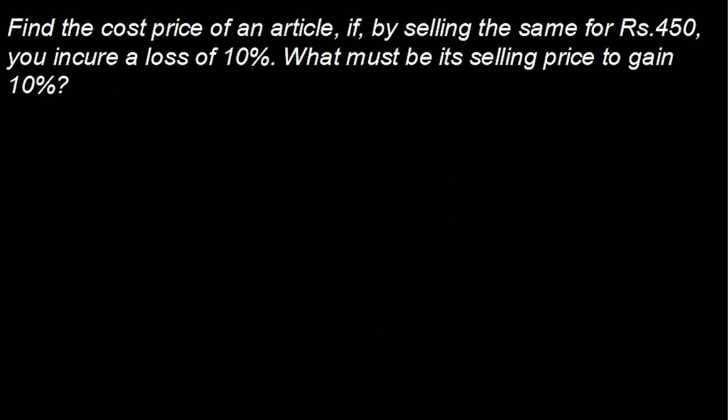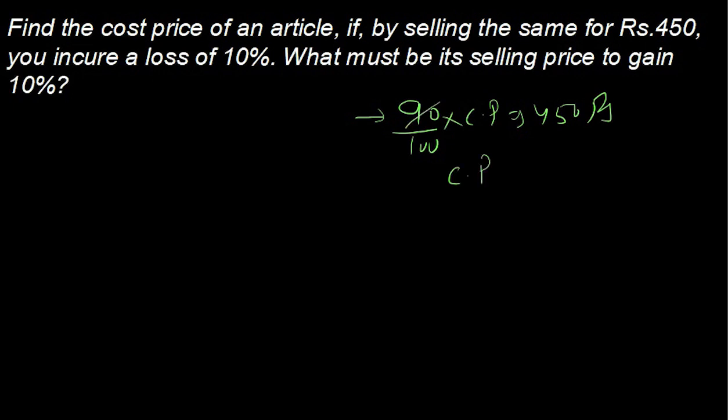Find the cost price of an article by selling it for rupees 450, where you incur a loss of 10%. If you incur a loss of 10%, then directly we can say that 90% of the cost price was 450 rupees.